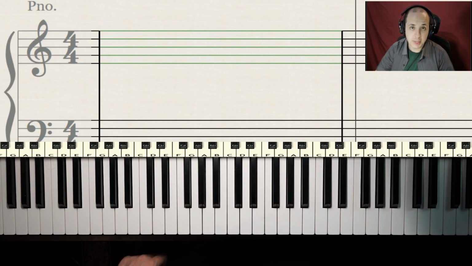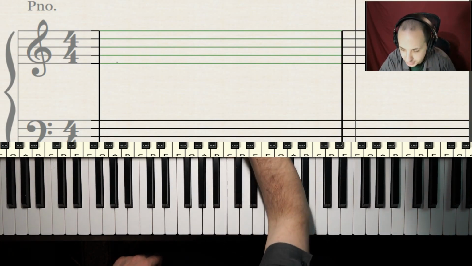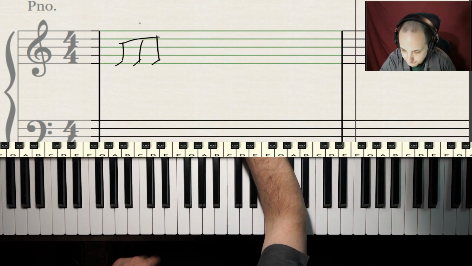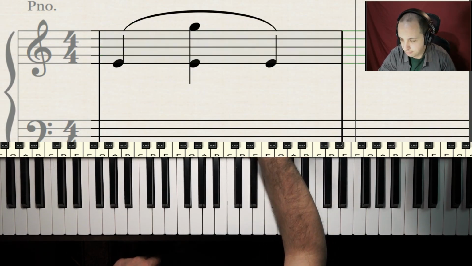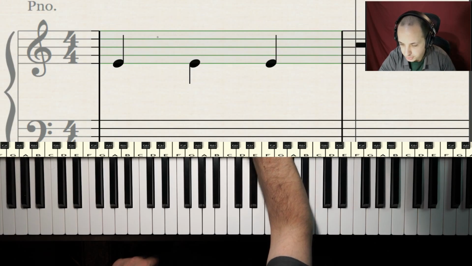Okay, one more example with eighth note triplets. That's a new one. Interesting.